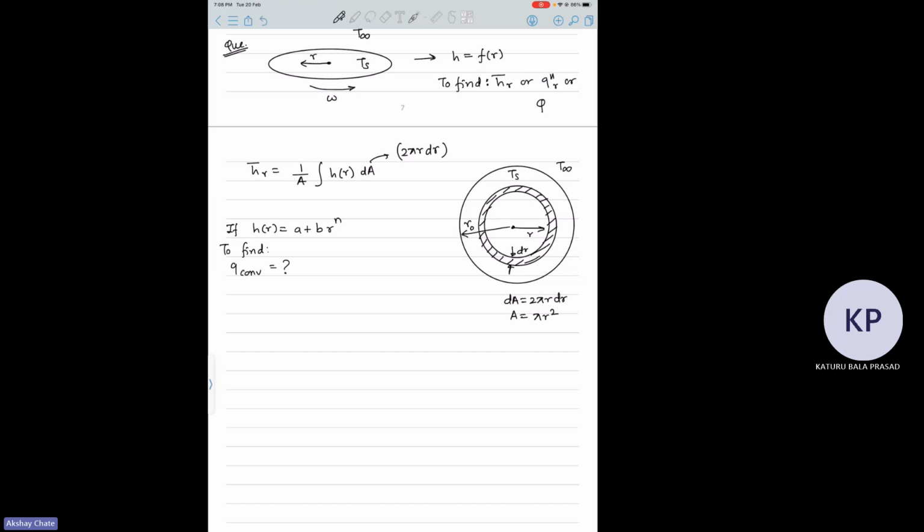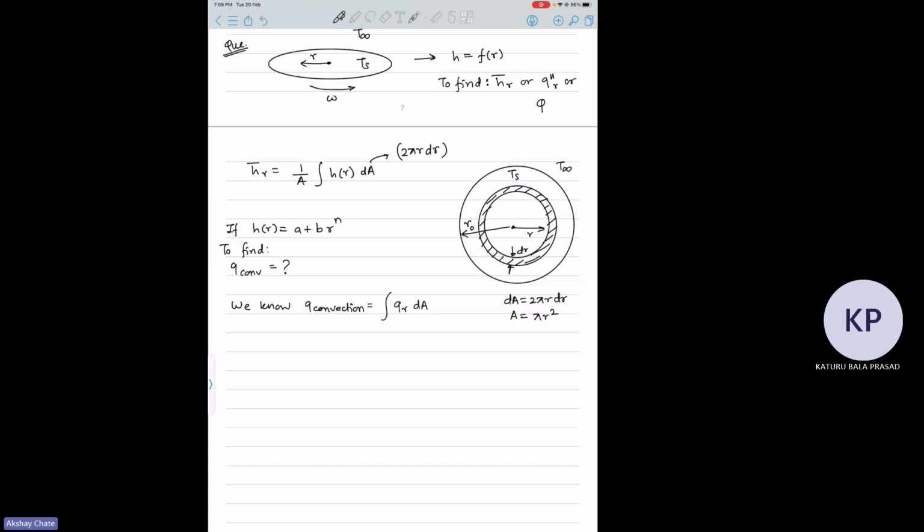So we know from basic energy balance, it will be nothing but the integration of heat transferred from a strip, into this elemental area.